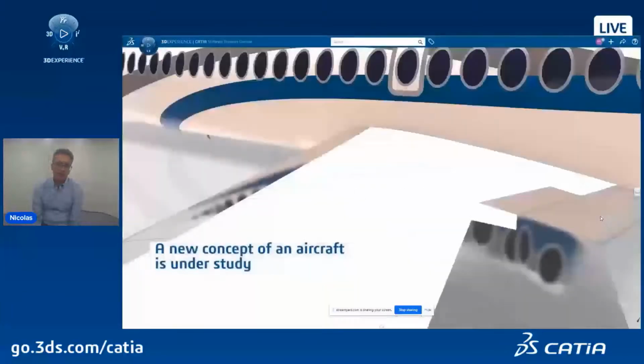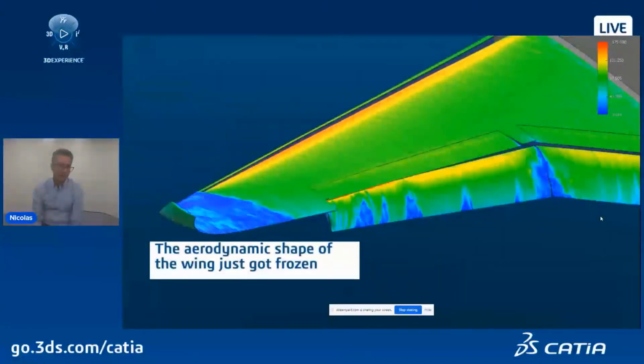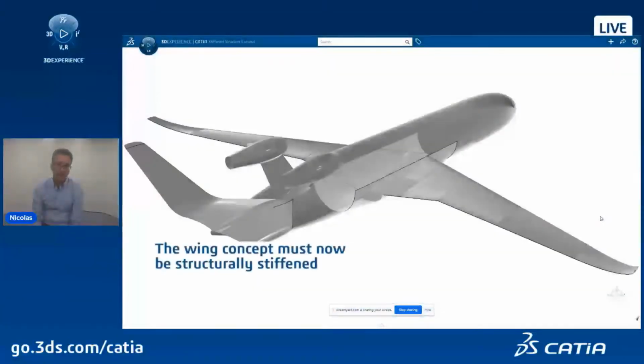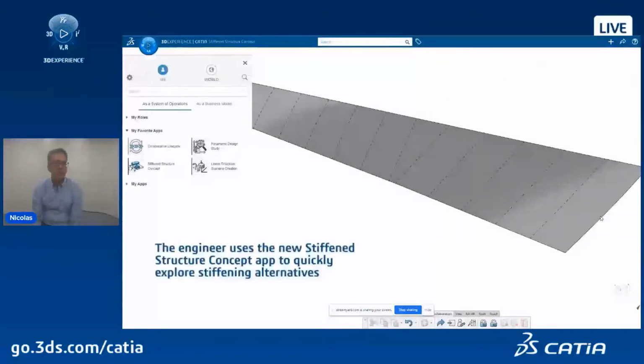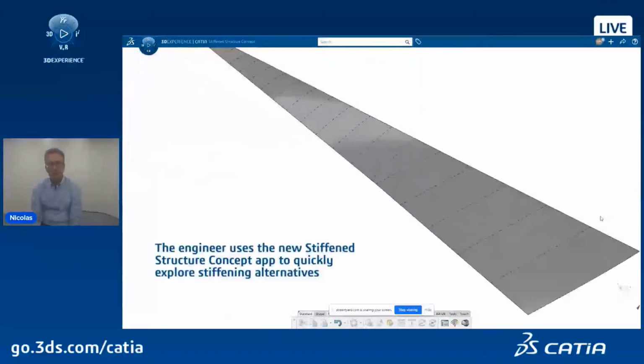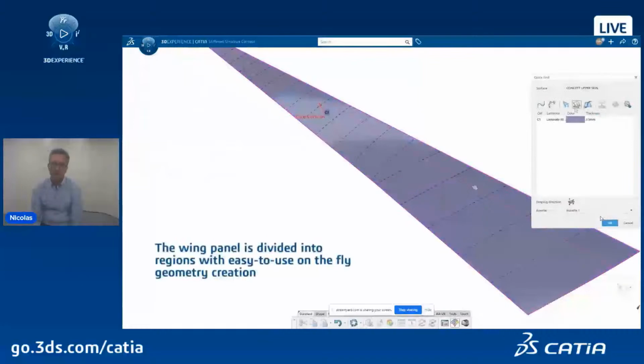So here we have a new wing that's been determined through CFD, and the structural engineer is asked to find the best way to stiffen it. So we go into the app and we start defining on the upper skin here some cells.